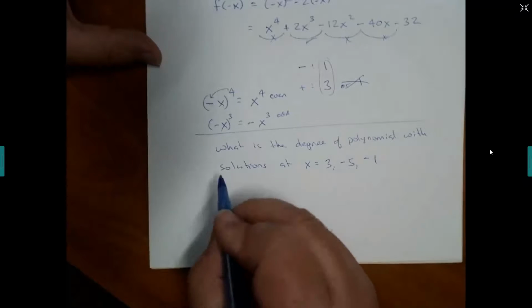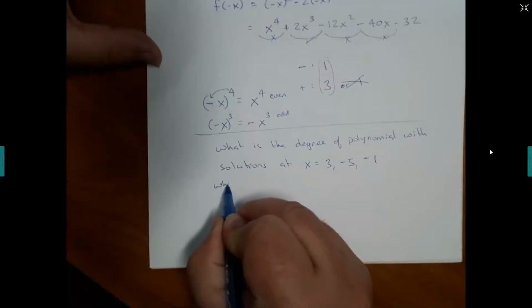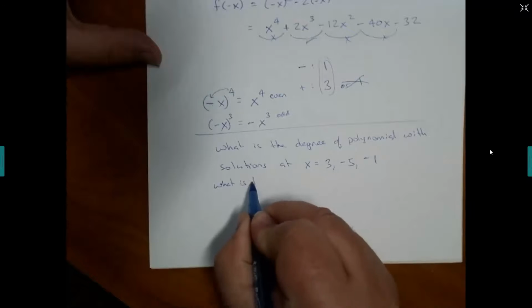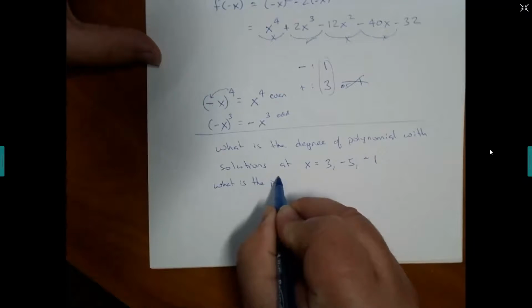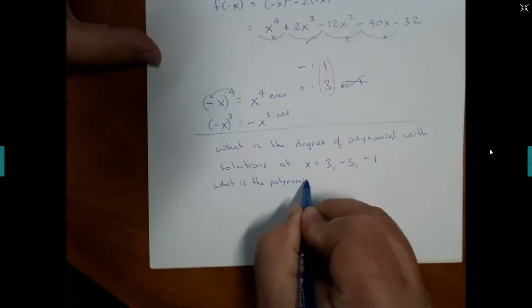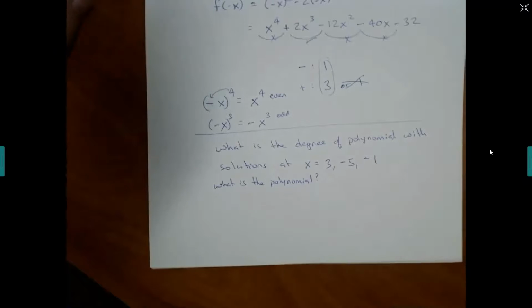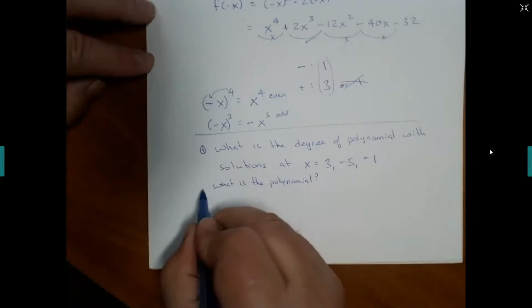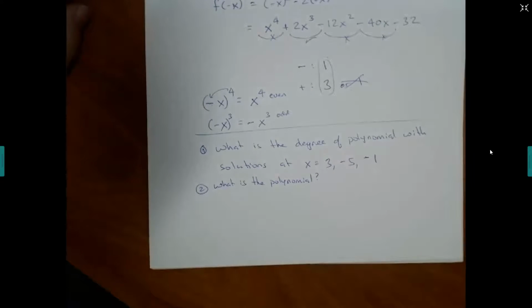Then the second question I'm going to ask you with this: what is the polynomial? There's 2 questions. This makes us work backwards.